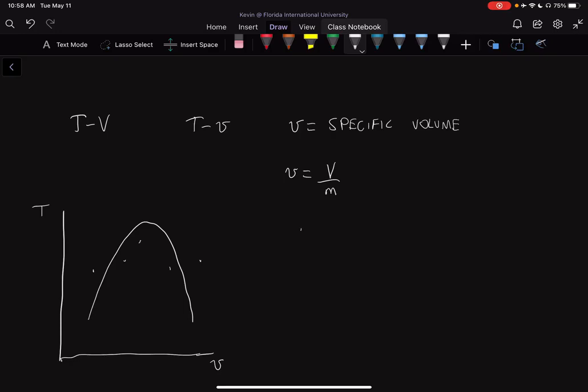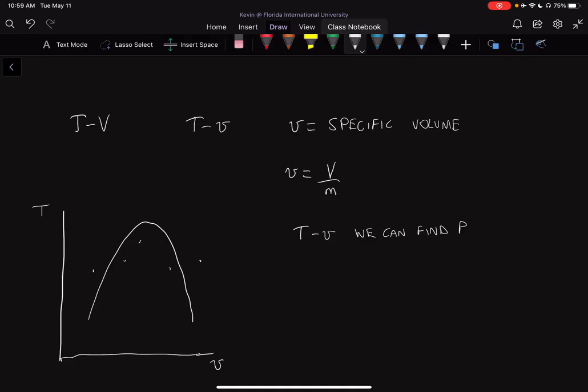So if we have temperature and volume, we can find pressure. If we have pressure and temperature, we can find volume, etc. But in this case, we're going to be finding specific volume. And specific volume is very useful because you don't have to have the same mass for the graph. So it's independent of mass, which is great. You can have different amounts of mass of water and the graph would still apply.